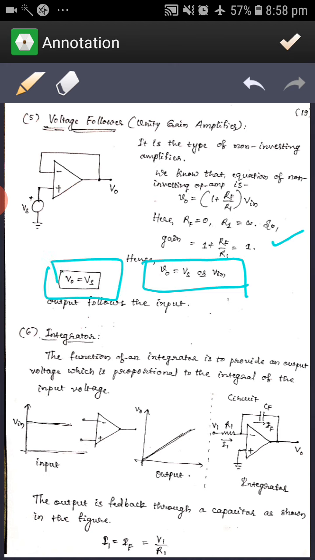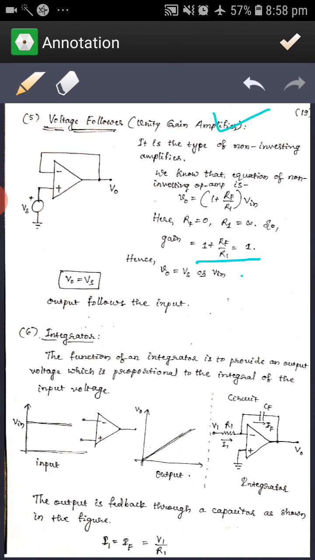So in the voltage follower, the output voltage directly follows the input voltage. We can also call it a unity gain amplifier, because 1 plus RF by R1 is equal to 1.